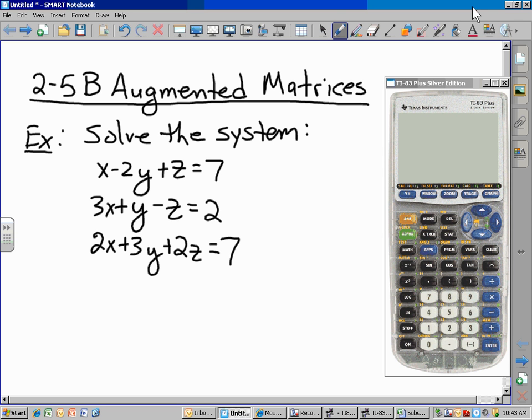So the example says solve the system. What we have is a 3 by 3 system. Let's go ahead and copy that down. And instead of solving it algebraically, I'm going to show you how to do this with the calculator. And this works not only for a 3 by 3, but also for a 2 by 2. So good, I'll give you a couple seconds to copy that down.